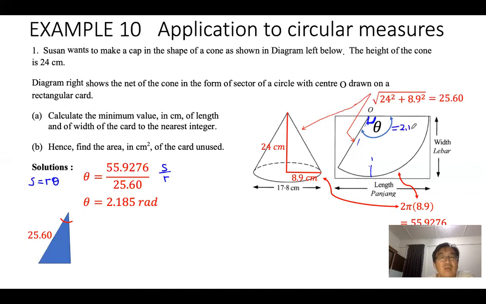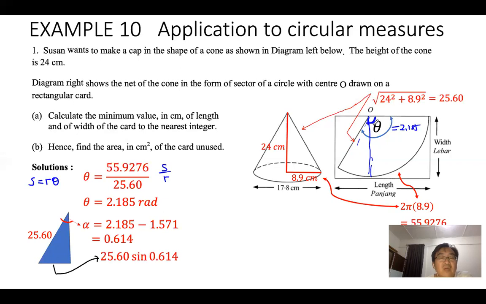You need to minus 90 degrees. So 90 degrees will be converted into radian, so 90 times pi over 180, so it's 1.571. So you get 0.614. Then you can use sine.